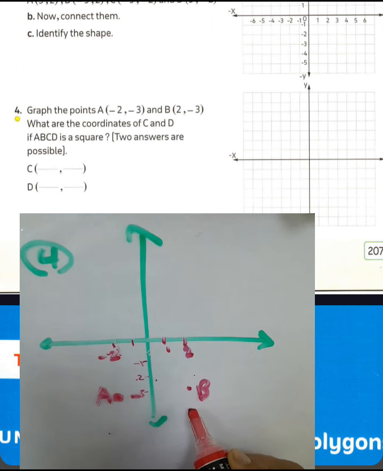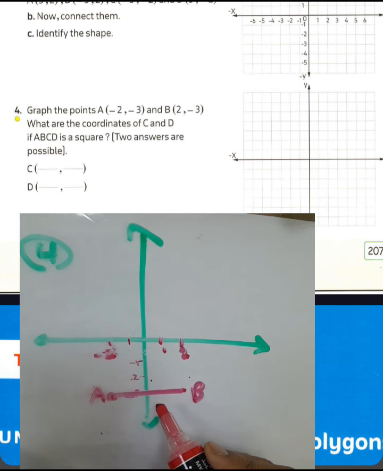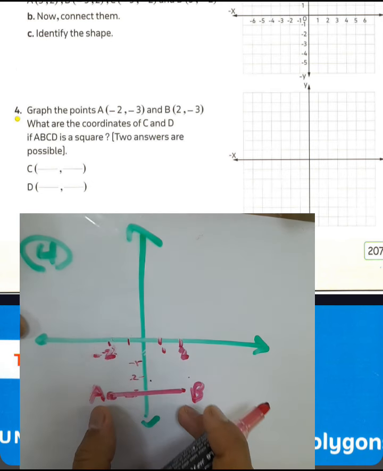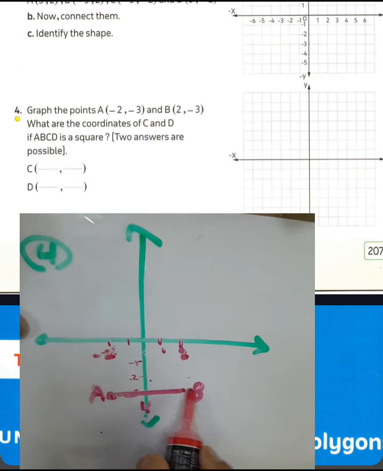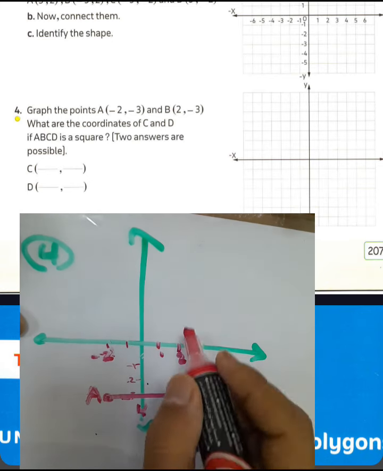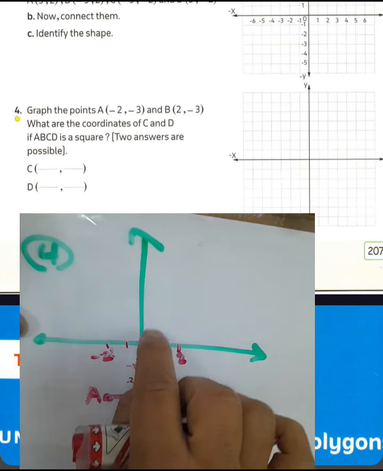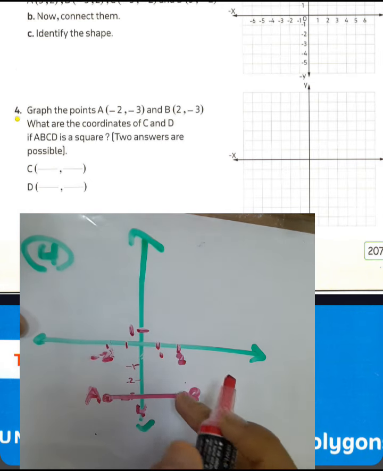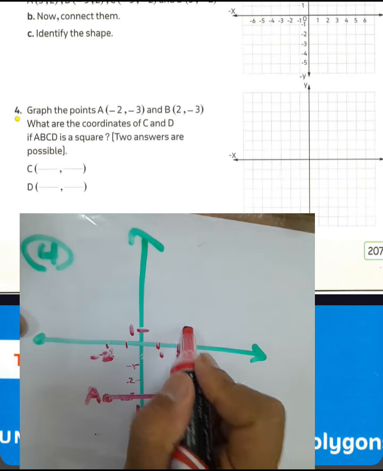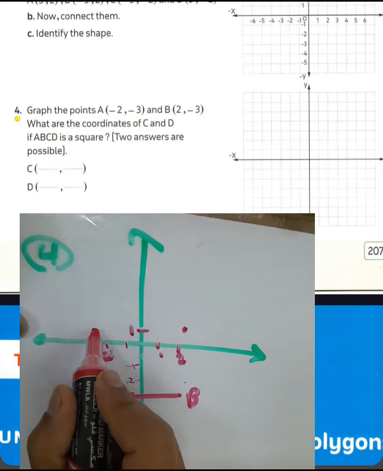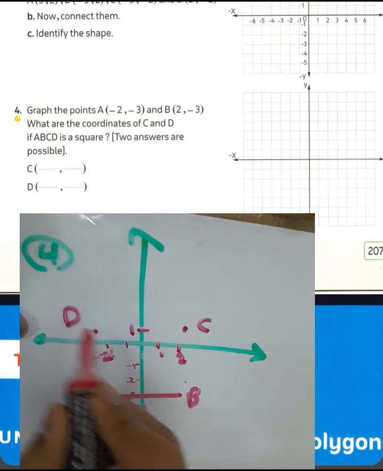It was point B. We want to draw a square, so we find the distance between the 2 points. We have 4 units, 2 plus 2, 4 units. Then we must go up 4 units. Count with me: 1, 2, 3, 4 here, 1, 2, 3, 4 here. It was point C, it was D.